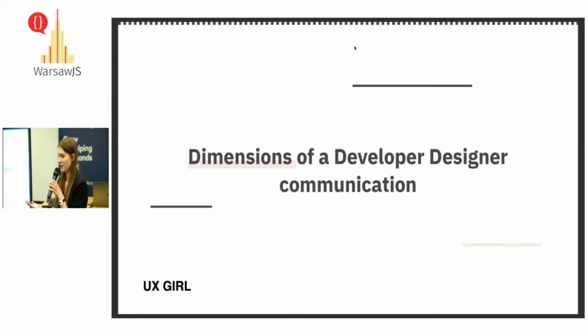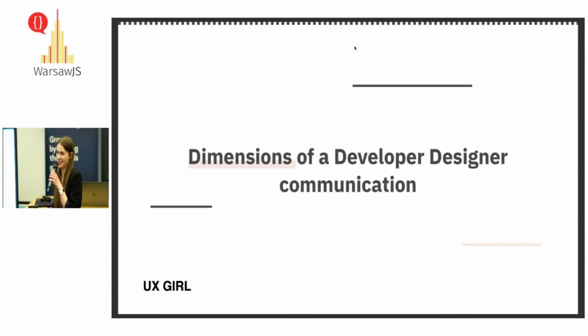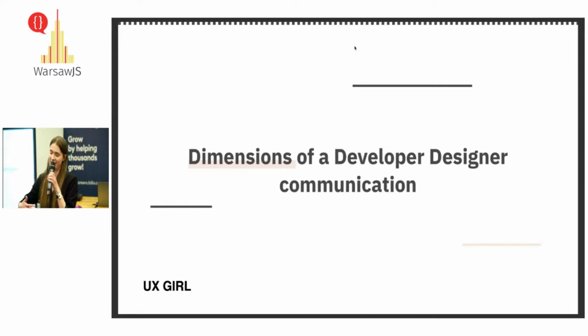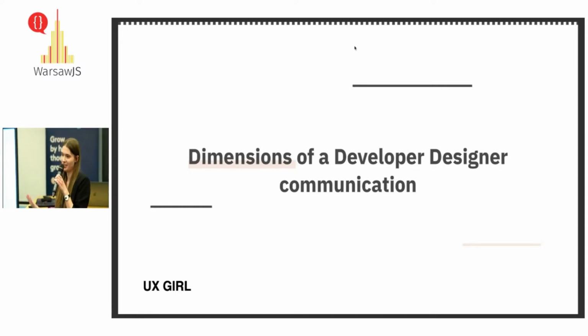The wise professor said that it cannot be named human-computer communication because a human and a computer are not really on the same level of progression. I don't get that and I don't understand that, but that's basically what he said. And that's why in the end, the subject is named interaction. But I still think that developers and designers are on the same level of progress, and hence the communication and not interaction.